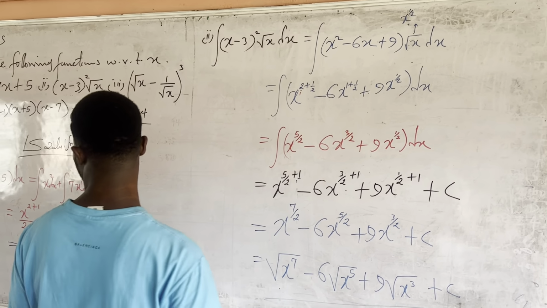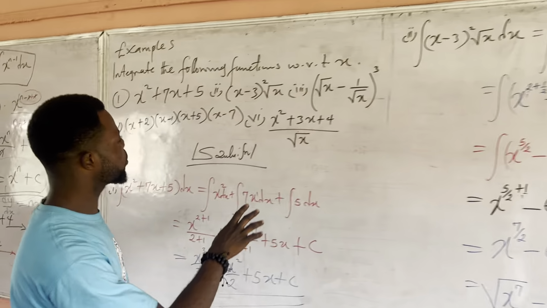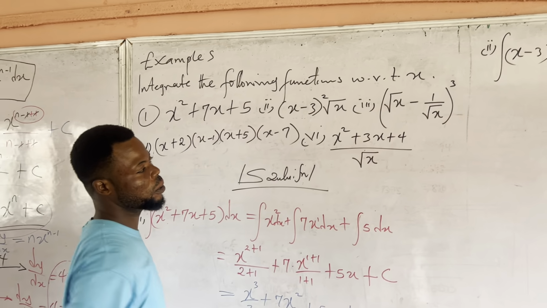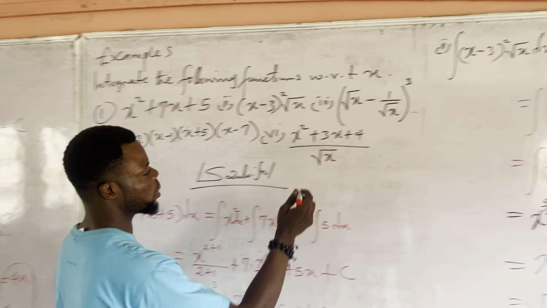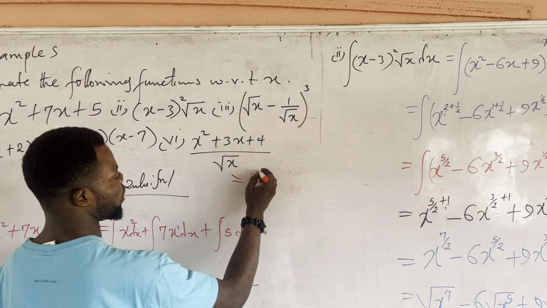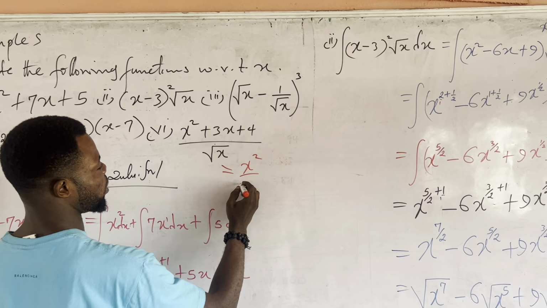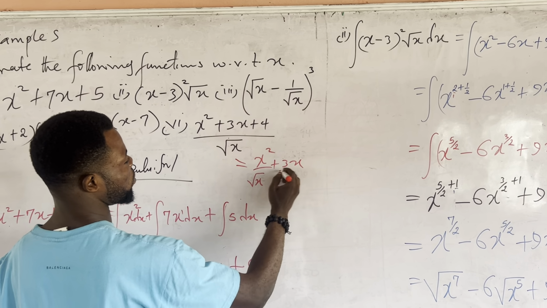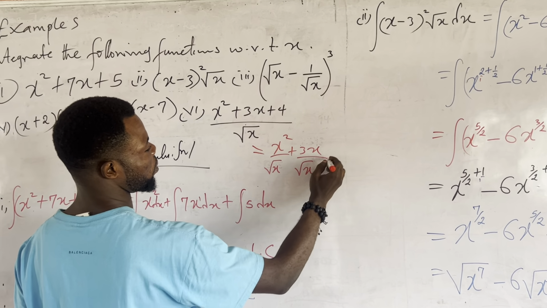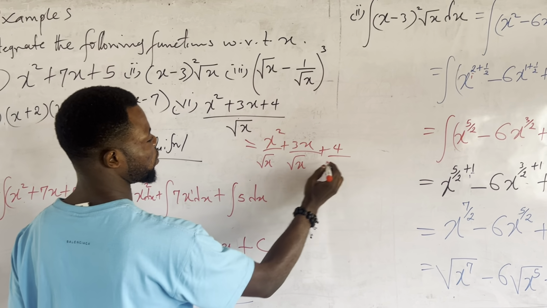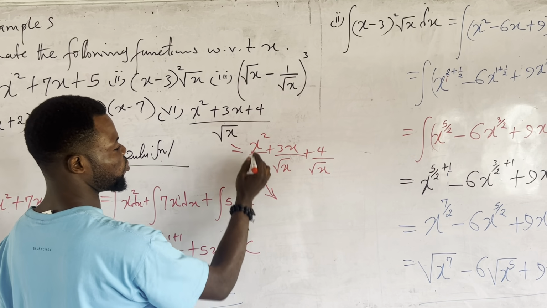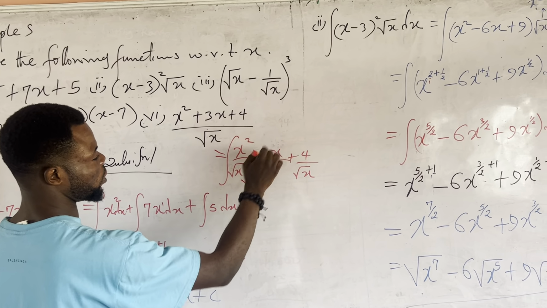Like I said, you can apply the same procedure to others. So you can solve this, just the same function. This is the same thing as x squared over root x, plus 3x over root x, plus 4 over root x. So this can also be further integrated.